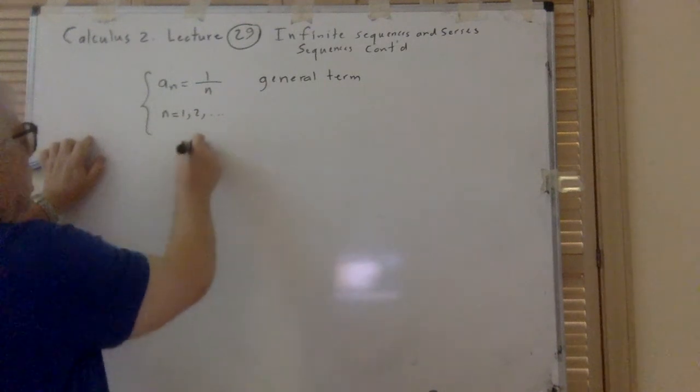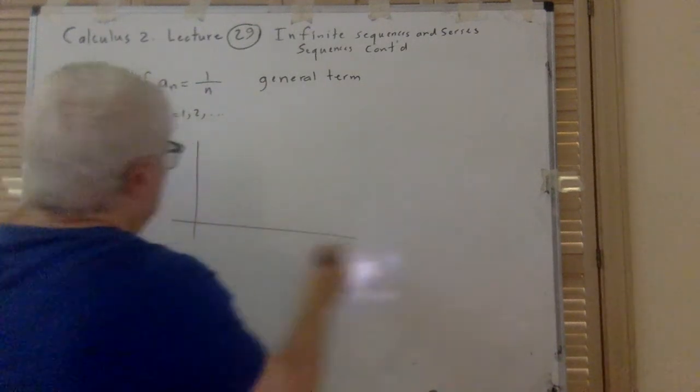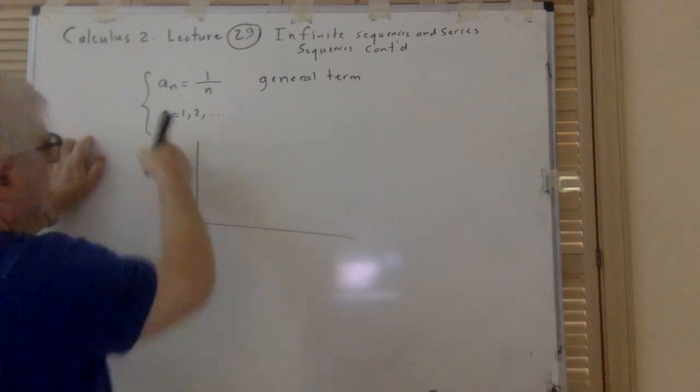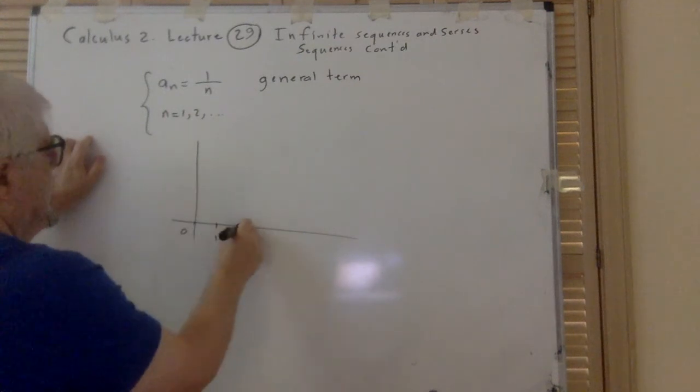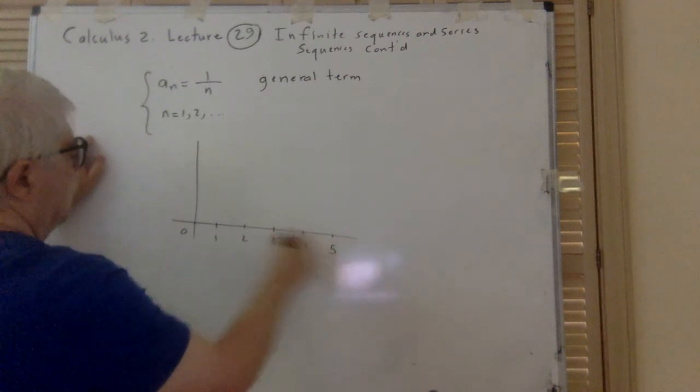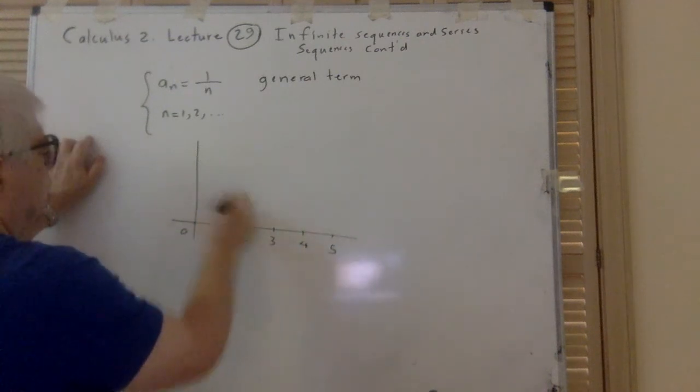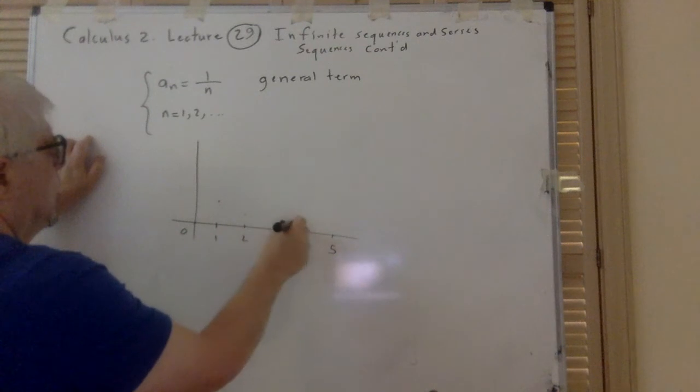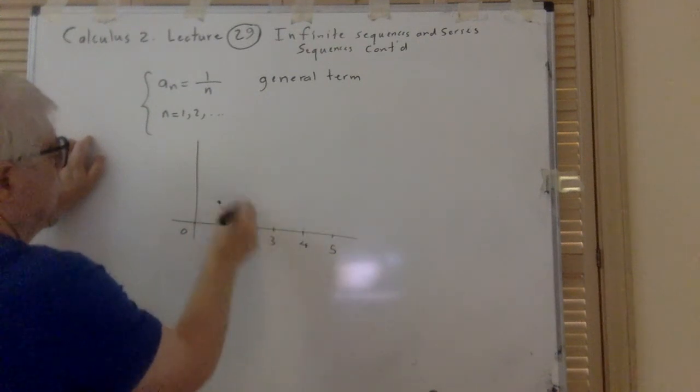Now, how do we graph this? It's very simple. This is 0. We didn't start at 0, but at 1, then 2, 3, 4, and so on. At 1 it is 1, at 2 it is 1/2, then 1/3. So this is the sequence.